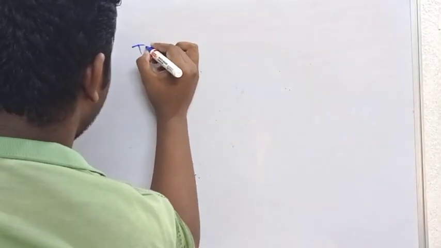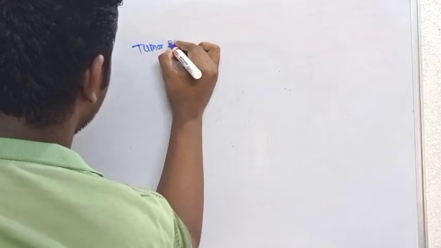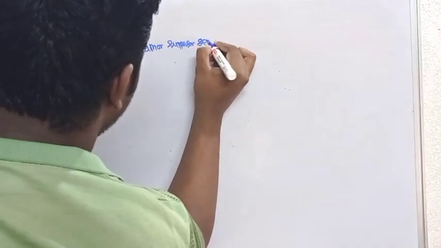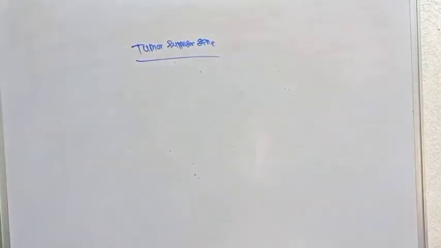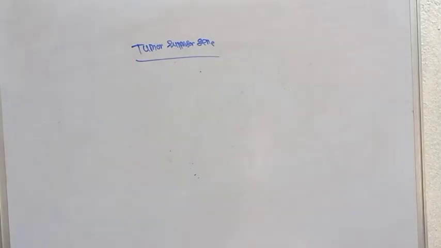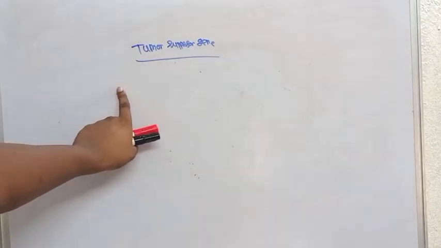Another kind of gene which plays an important role in cancer formation is the tumor suppressor gene. The name indicates that normally this gene inhibits the formation of any kind of tumor.